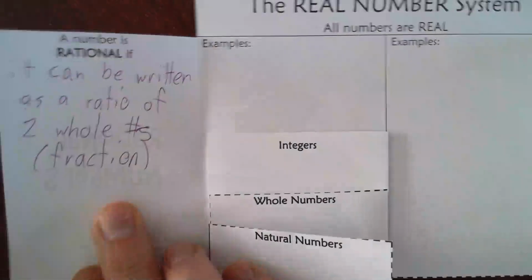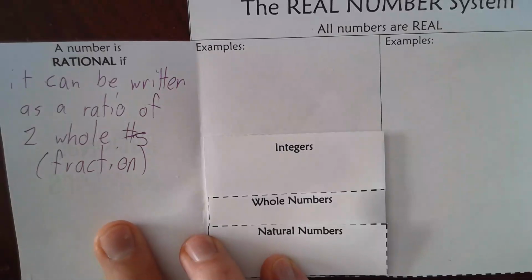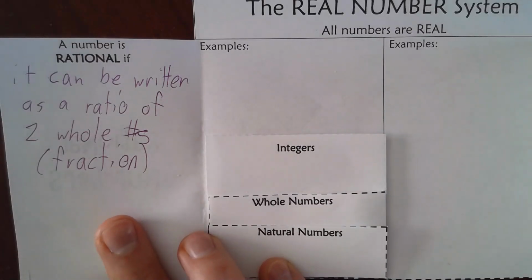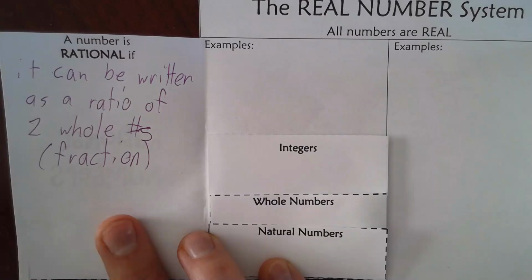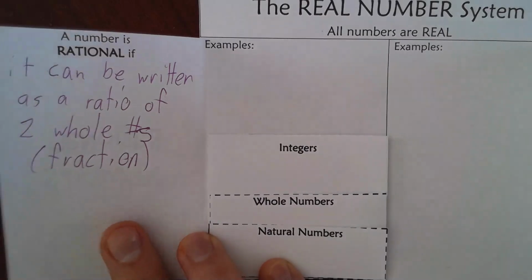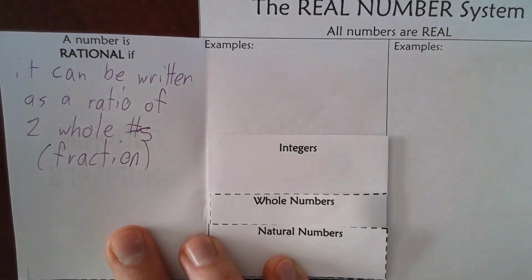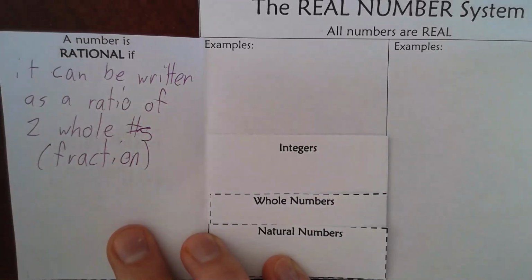Yes, if it can be written as a fraction, and that is really our best definition for is something rational? Well, can I write it as a fraction? If you can manipulate it in a way to write it as a fraction, it is a ratio. For instance, the number 2 can be written as 2 over 1. That is a fraction, which means it is rational.